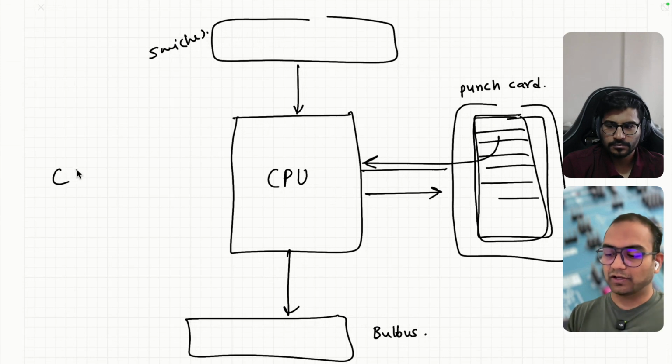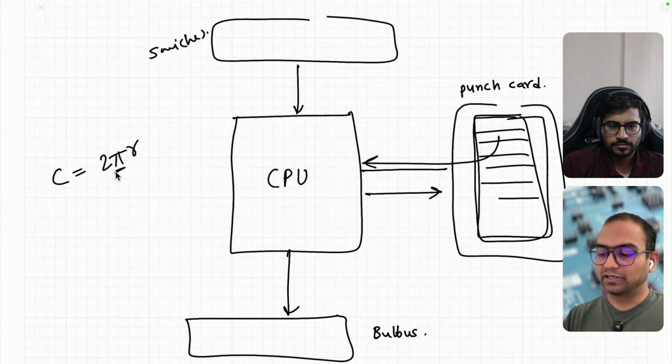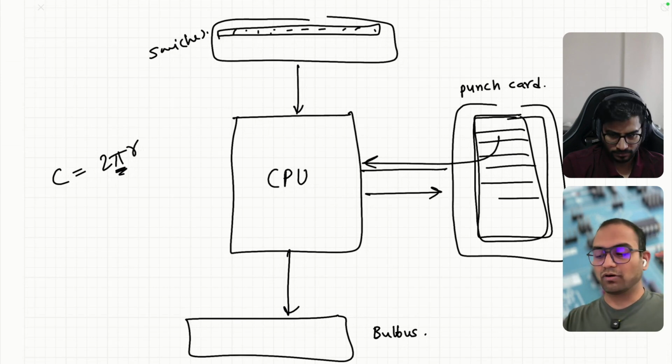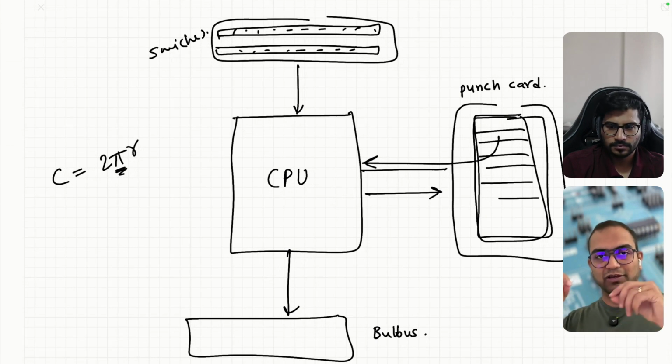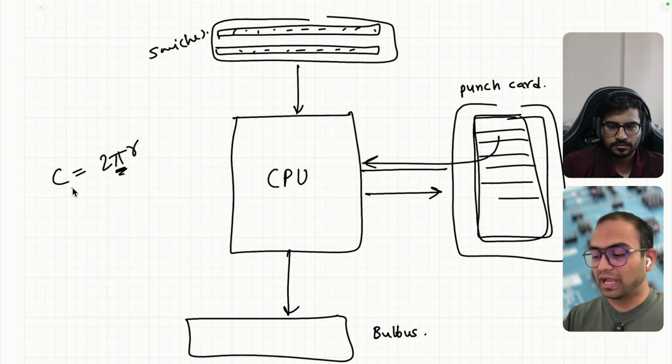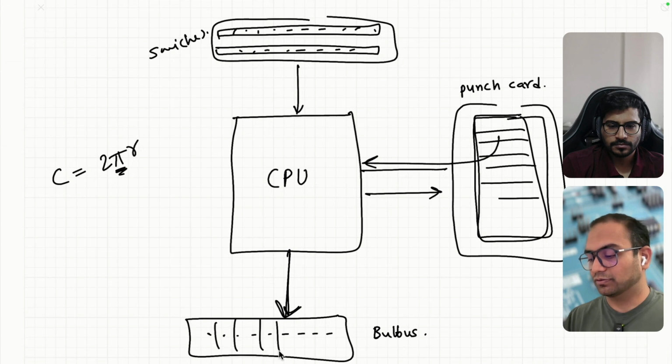Let's say you want to compute the circumference of a circle. You can give the value of pi as a certain combination of switches being on and off, and the value of r can also be given as certain other switches on and off, and then whatever the answer is, that would be flashed as bulbs glowing up, right?